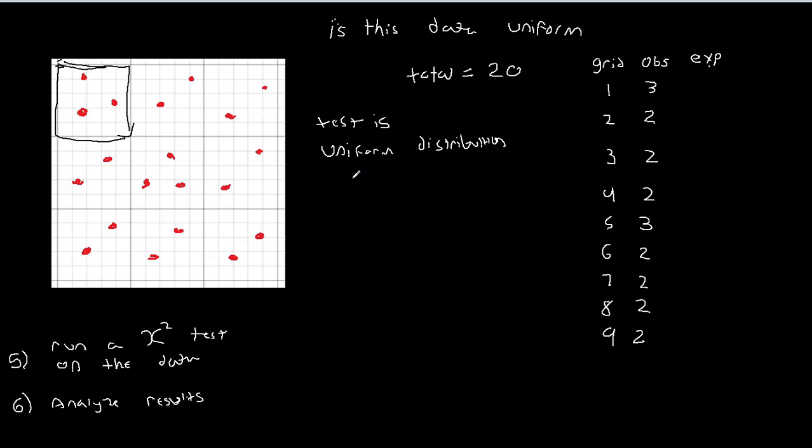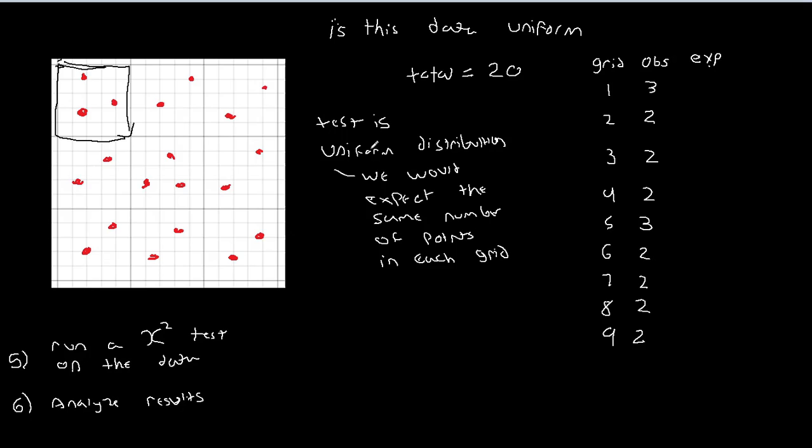For this to be the case, we would expect the same number of points in each grid. That's what it means to be uniform. The same number of points in each grid.